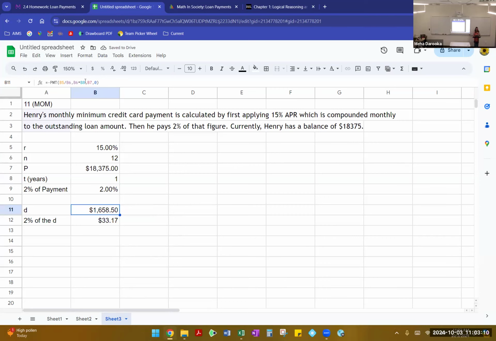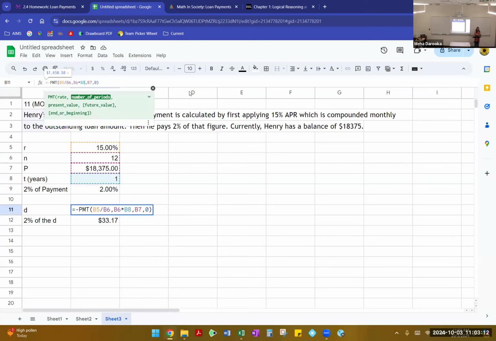That was not the problem. The only concern I can see is in that exponent. I think everything else we did correctly. So what can we change for that N times T on the exponent? Because right now we're calculating it for 12 months over a year.